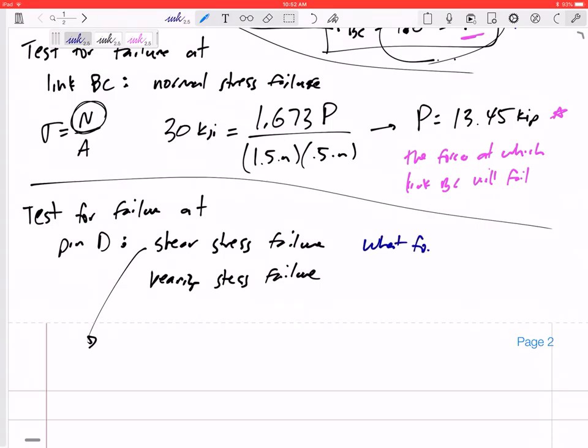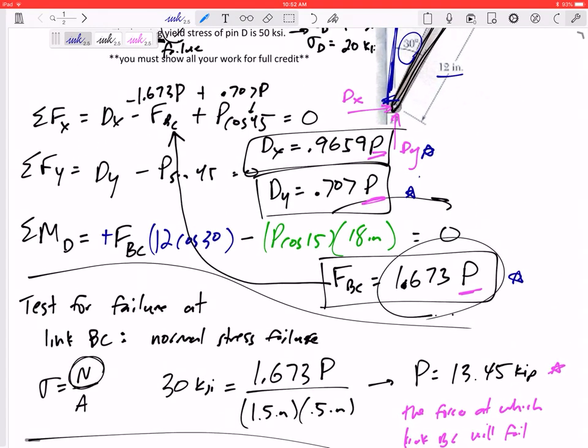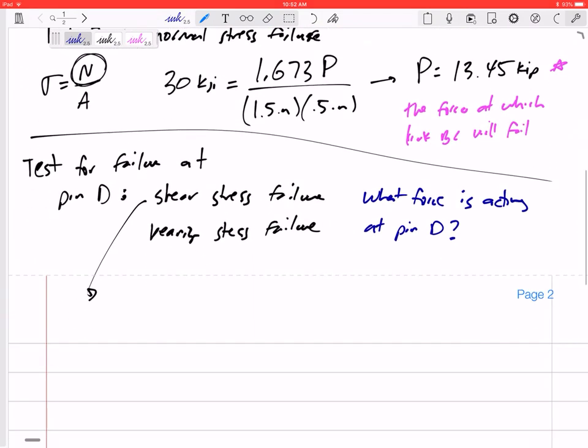What force is acting at pin D? Both Dx and Dy. And you can still square these and take the square root: 0.707 P squared plus 0.9659 P squared, take the square root.